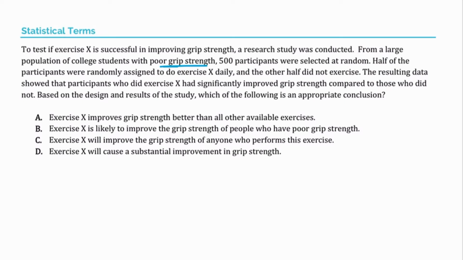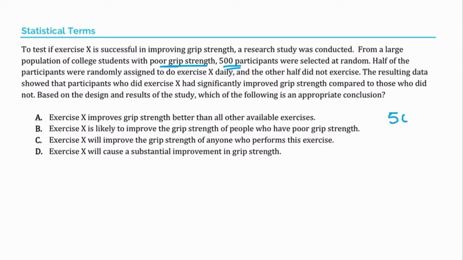Out of all of those college students who don't have strong grips, so let's pretend there are 100,000 college students who don't have a strong grip strength, 500 of them are selected at random. So again, we've got our full population and then we're selecting a sample of 500 of them. Half of the participants were randomly assigned to do exercise X and the other half did not.